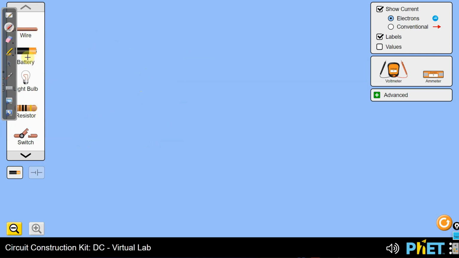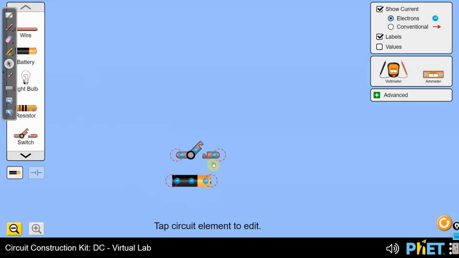As I said, we need a battery, and I took a battery. We need a switch to control this circuit, and we need a resistor, or you can use a bulb as well. And we need conducting wires.